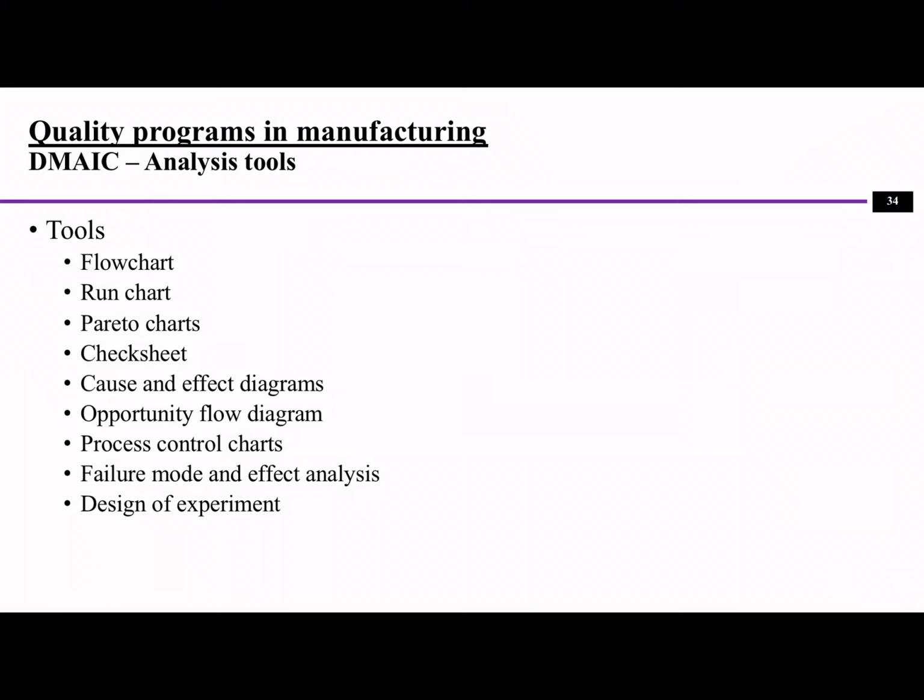All right, so there are really different tools that you can use for the DMAIC method. For example, flow chart, run chart, Pareto charts, check sheets, cause and effect diagrams, control charts, of course FMEA, design of experiments. They all can be used in Six Sigma, right?